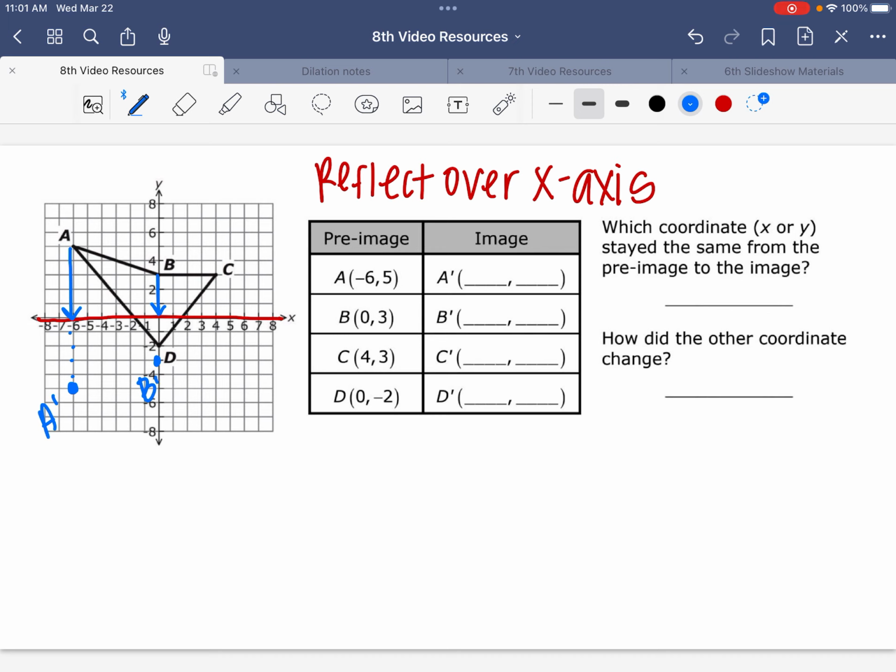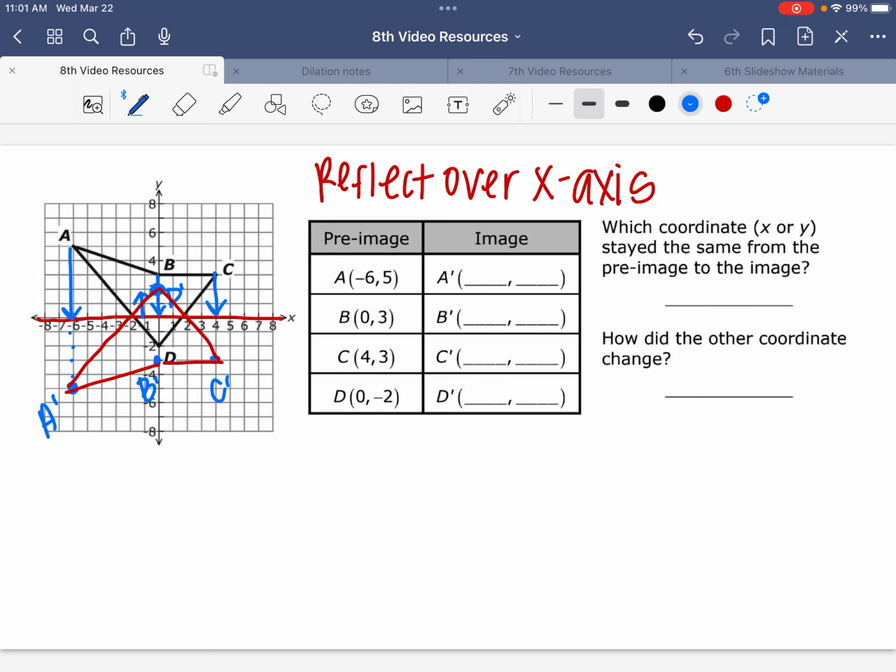Point C is 3 above the x-axis, so I will count 3 on the other side. And then point D is 2 below the x-axis, so we'll go 2 up and plot point D' right there. And so then we're going to be able to graph our new shape.